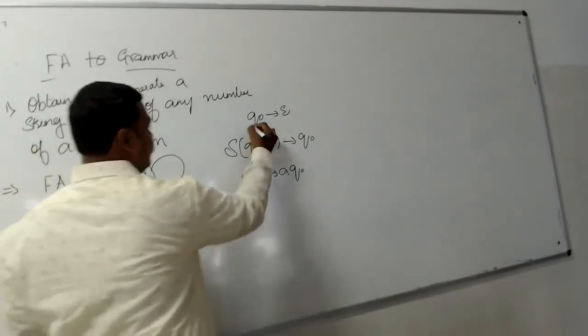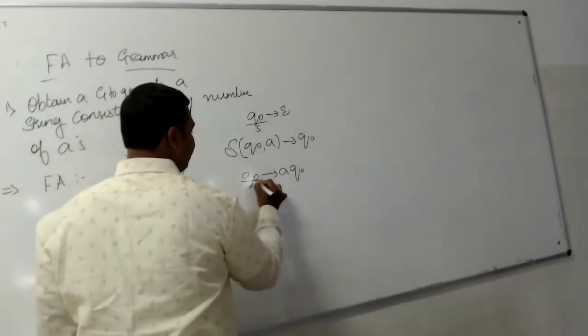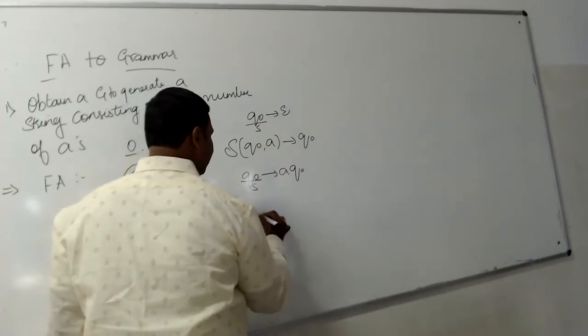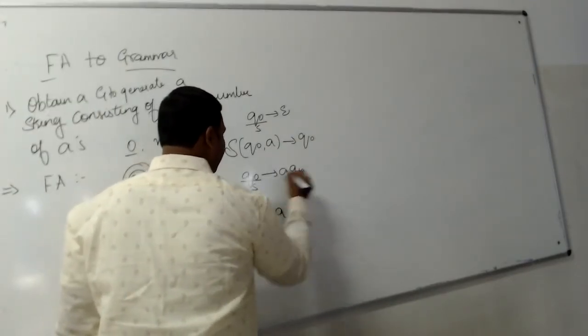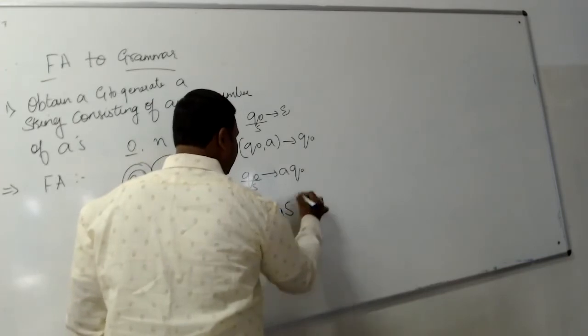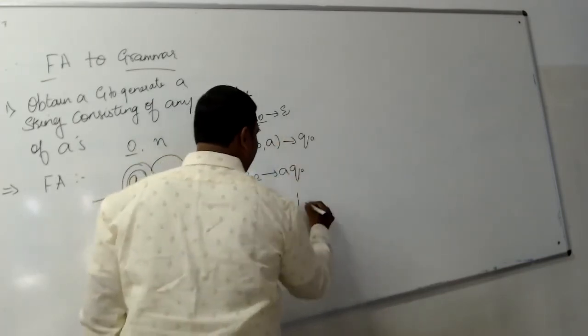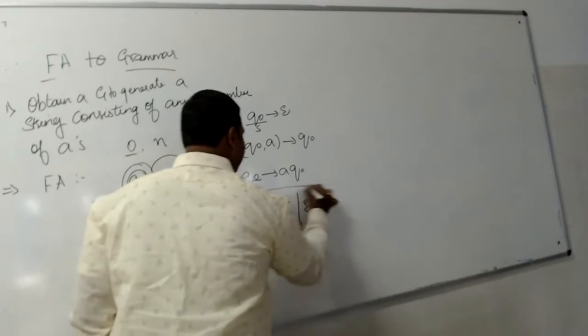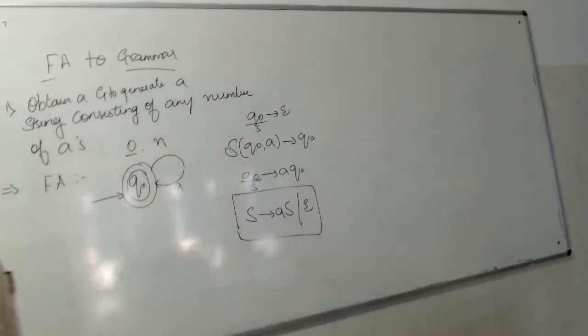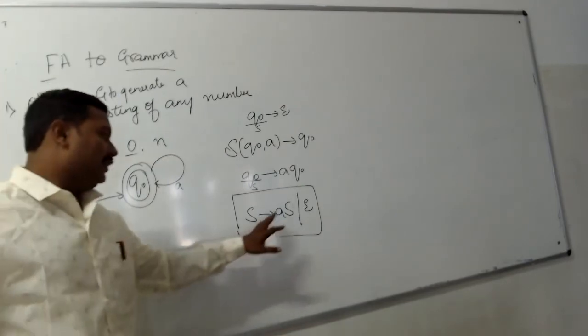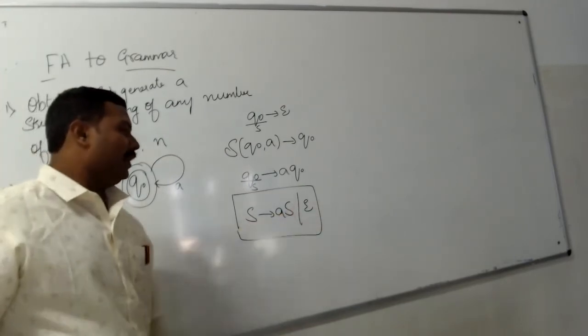I consider q0 as the starting state itself, S. So S tends to a S, or S can also be epsilon. This is the grammar that you are going to have, right? S can be either aS or S can be epsilon.